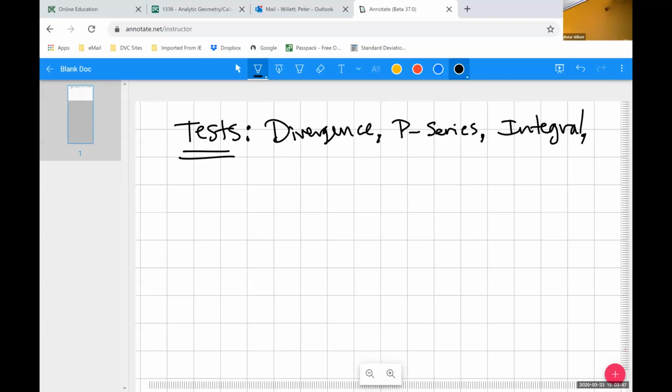So then we looked at the ratio test, where you take a limit of successive terms as k goes to infinity, let that be r, compare that to being greater than or less than 1. And now we've had the root test, which does a similar thing, but instead of taking a limit of a ratio, you take a limit of the kth root.